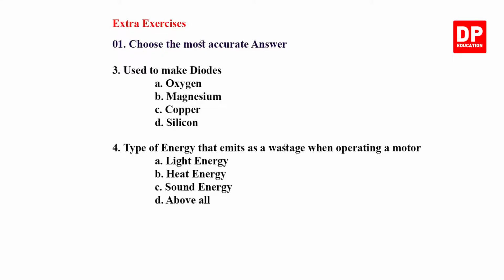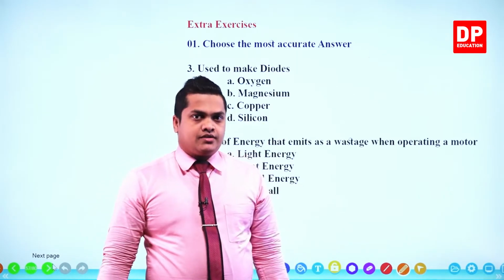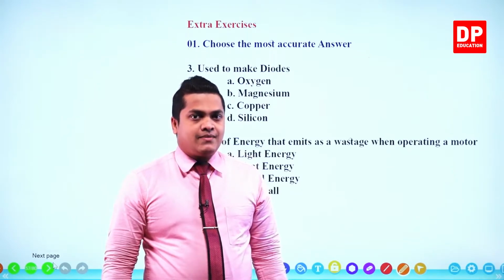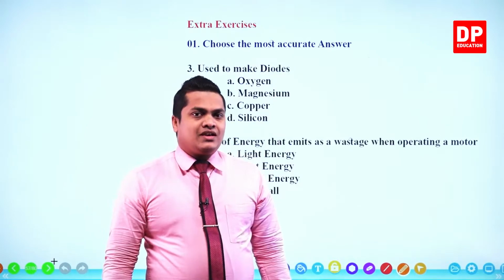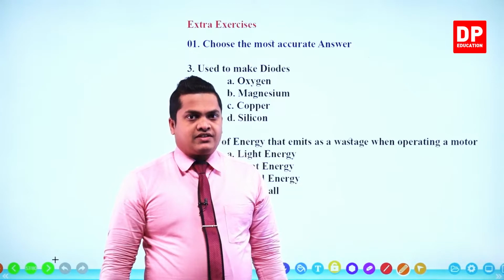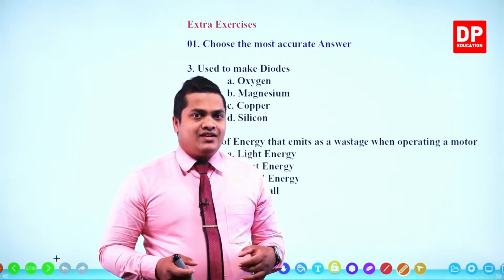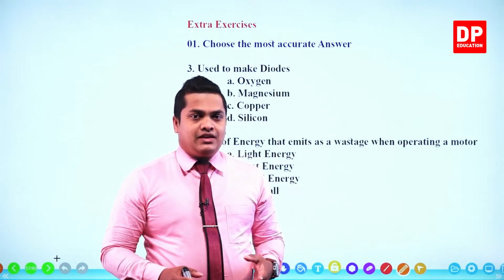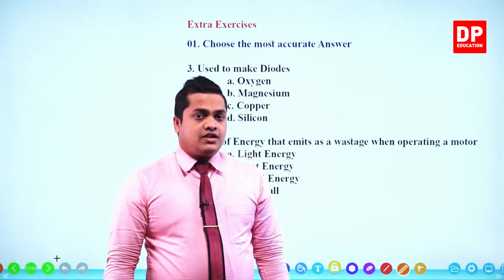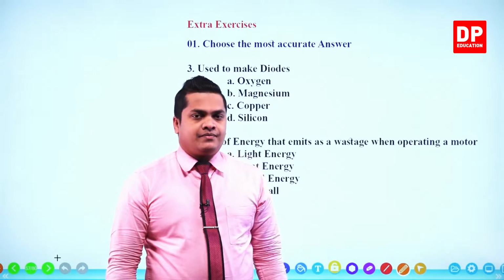Used to make diodes. Diodes are special kinds of semiconductors. Transistors and diodes are made of the same material, semiconductors. The semiconductors that we use to make transistors and diodes are mainly made of crystalline substances, germanium, and the most common one, silicon.